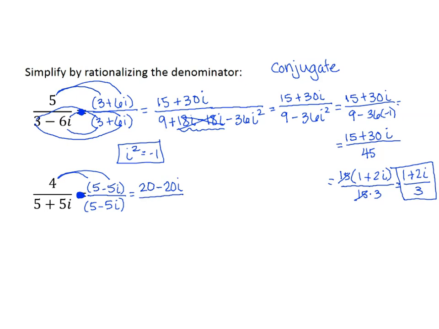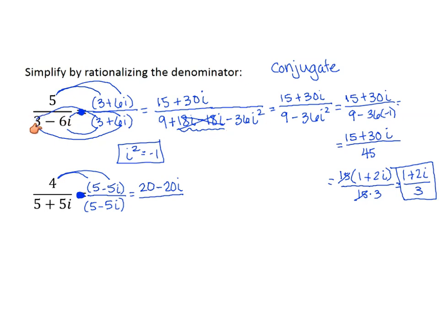On the bottom, when I do my FOILing, I know from looking at this and from when we did it before that my outer, when I did 3 times positive 6i, and then my inner, when I did negative 6i times 3, I know they're going to cancel out. So I'm not going to write them this time because I know that they're going to add up to 0. So I'm only going to write out my first and my last.